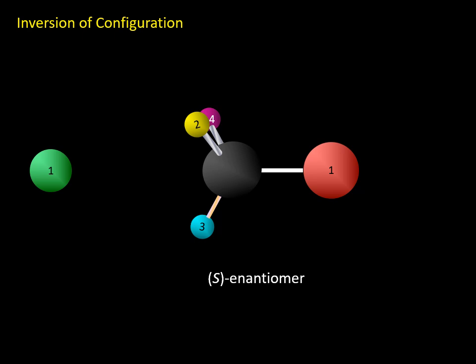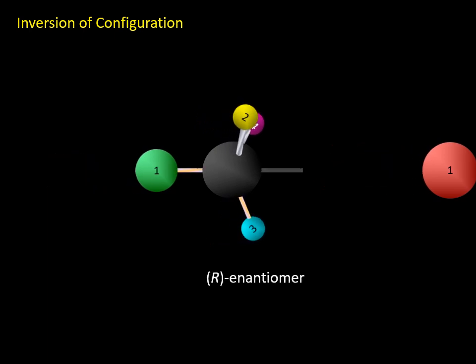So if the starting material is an S enantiomer, and you can see this one is the S enantiomer, then as the reaction occurs, the product is the R enantiomer. And that's the result of inversion of configuration. If the priorities of the substituents remain the same, then the S enantiomer is converted into the R enantiomer.